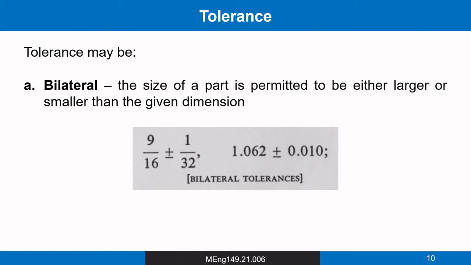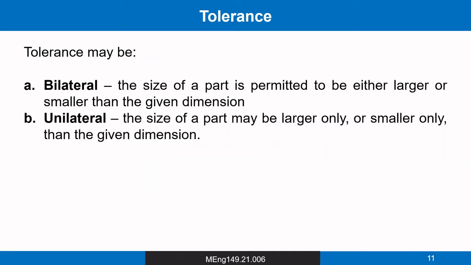So the expression is 9/16 plus minus 1/32 inches. The plus minus signifies that it is bilateral. Another expression: if the nominal diameter is 1.062 and it has a bilateral tolerance of 0.01 inches, then this is the expression.